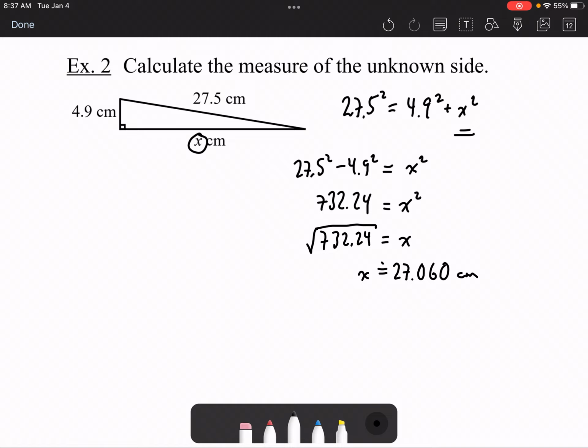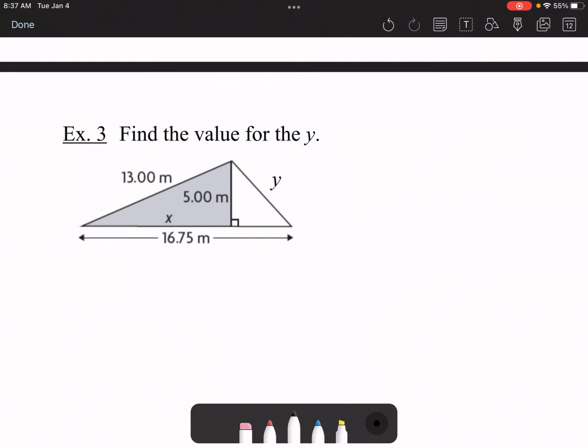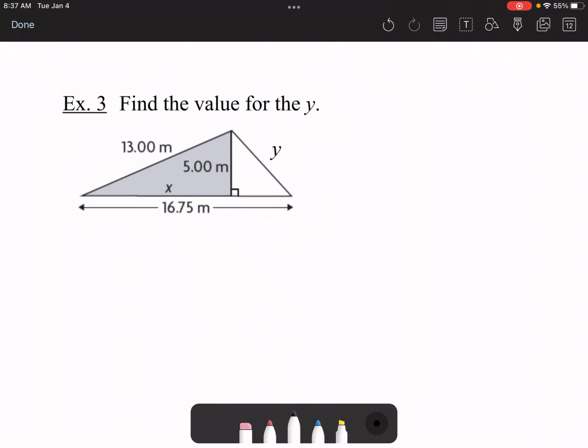Okay, let's try one other problem. Right here, you notice that this big triangle is actually made up of two small right angle triangles. You'll notice one right angle right here and one that's hidden right here.